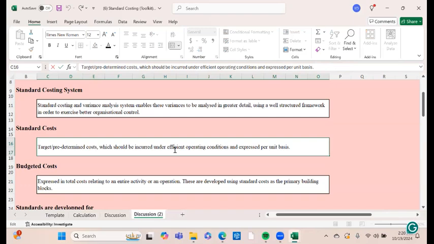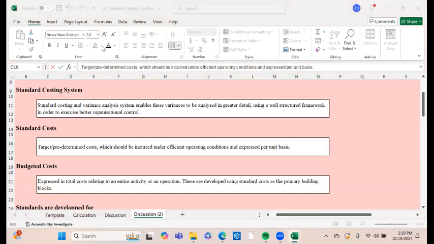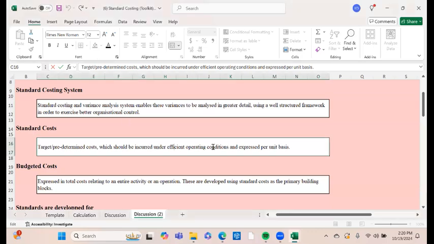We'll say that these are normal, reasonably efficient operating conditions, and expressed per unit basis. So these are building blocks, right? Per unit basis only standards are expressed.